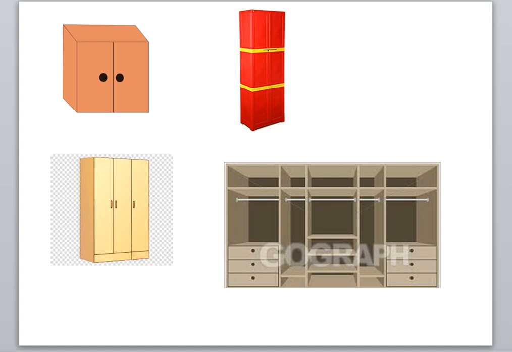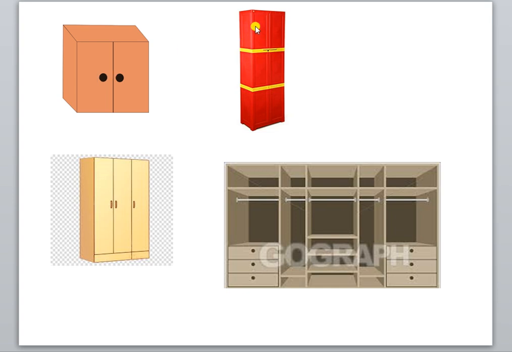Now let us see one example. See, these are the cupboards. This is a small cupboard. This is a little bit large. This is a large cupboard and this is a very large cupboard. All these cupboards have different capacities. Correct? In the small cupboard you can store fewer clothes.